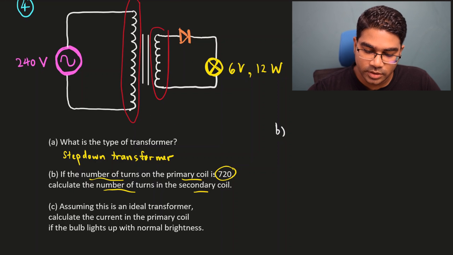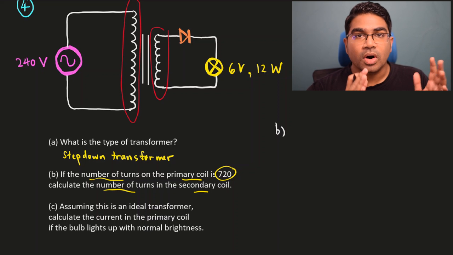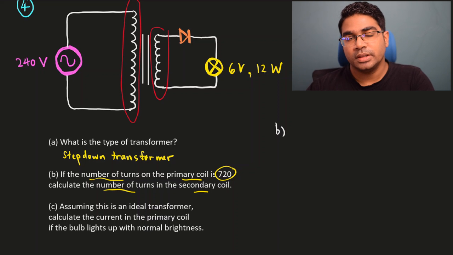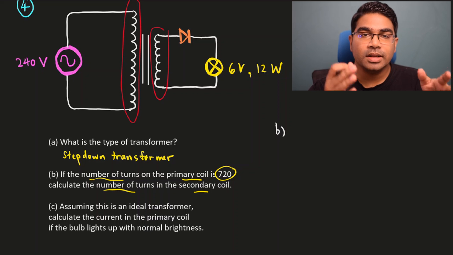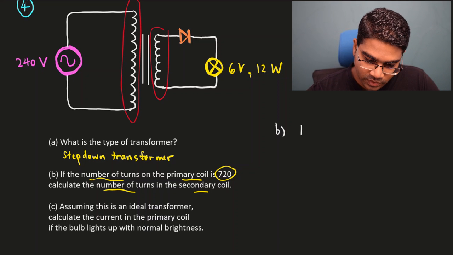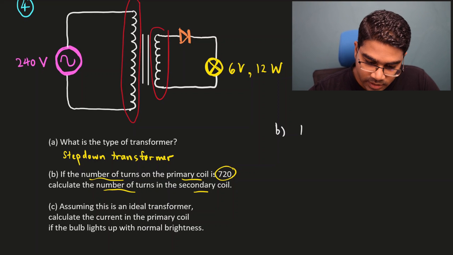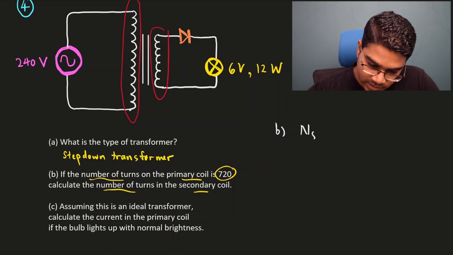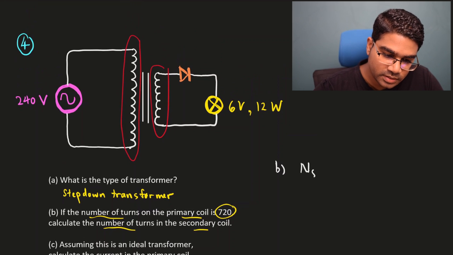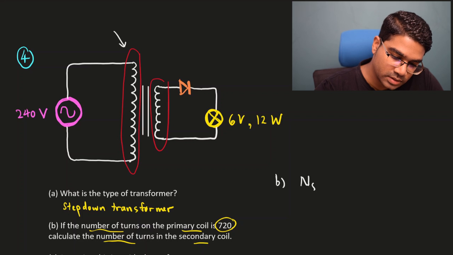For B, we are going to be using the directly proportional relationship between the number of coils and the potential difference. They are directly proportional. So the higher the number of coils, the higher the potential difference. So here we want to find the number of turns of the secondary coil, so I'm going to start with NS. Just for reference, the primary coil is from the power source, so this is the primary coil.